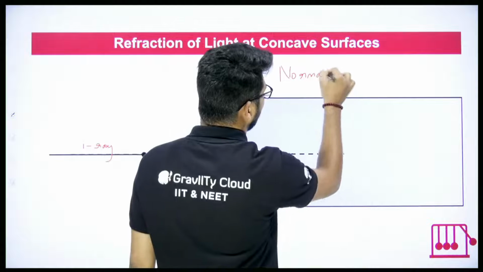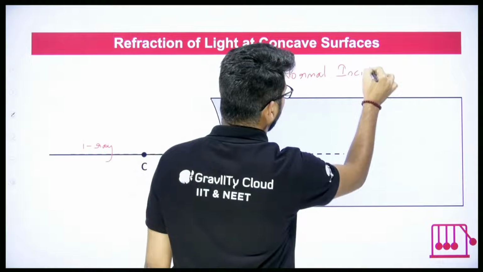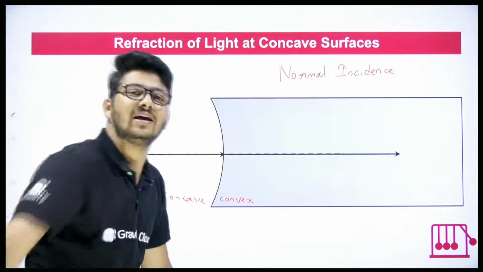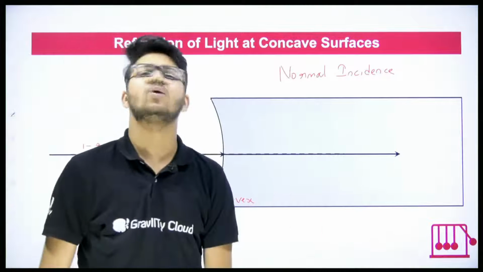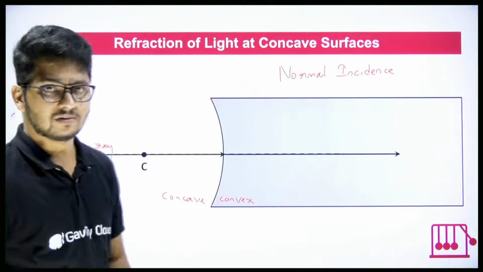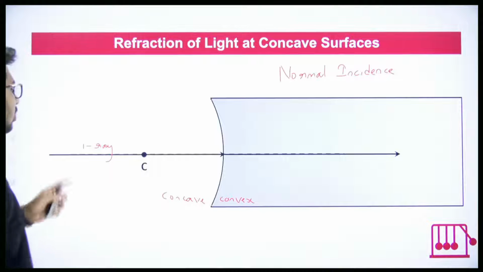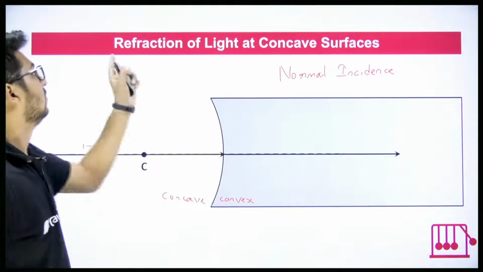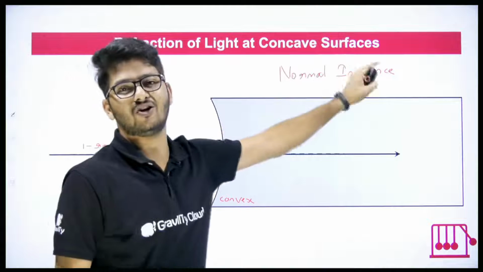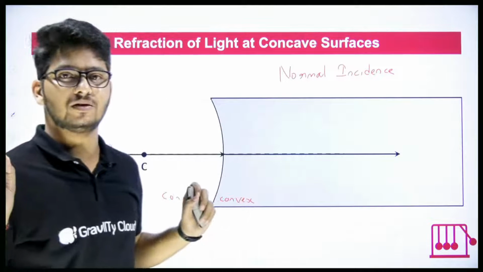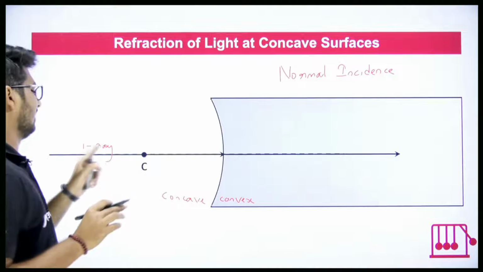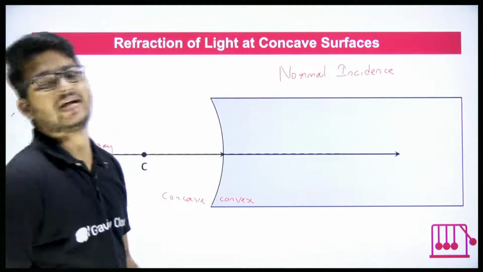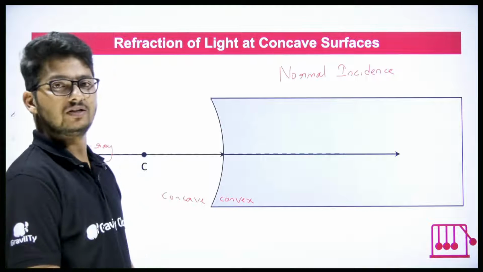So when it is the case of normal incidence, we need not worry about anything else. The ray directly passes through without any deviation whatsoever. Because the incident ray is incident on a concave surface, we say refraction of light at concave surfaces.